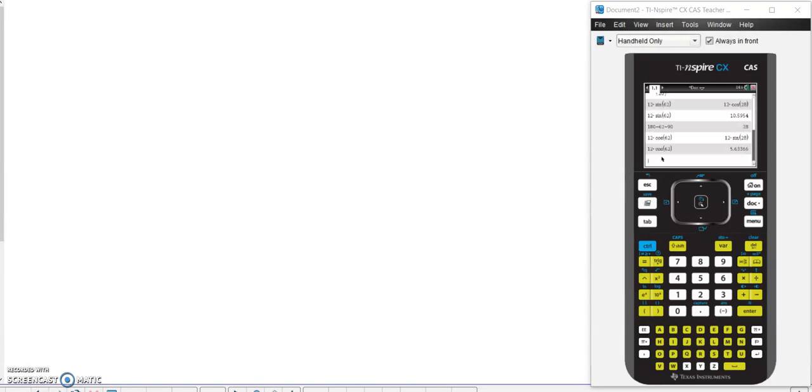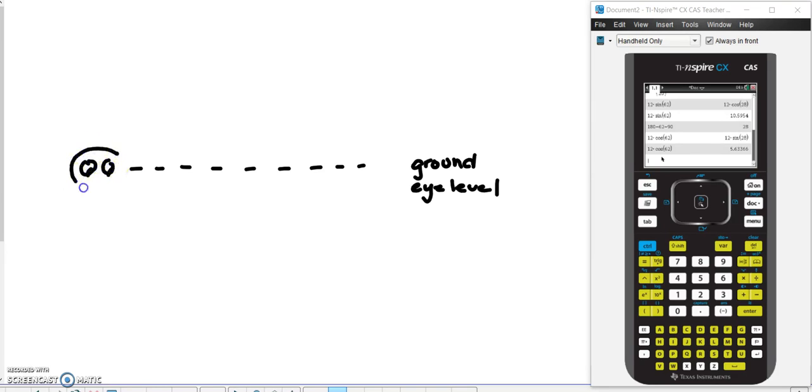All right, so let's finish talking about types of right triangle trig with an application. One thing we need to talk about is the angle of elevation or angle of depression. All that's pretty much saying is that if you're given a starting point, whether it's the ground or your eye level, so here's our eyes, smiley person.